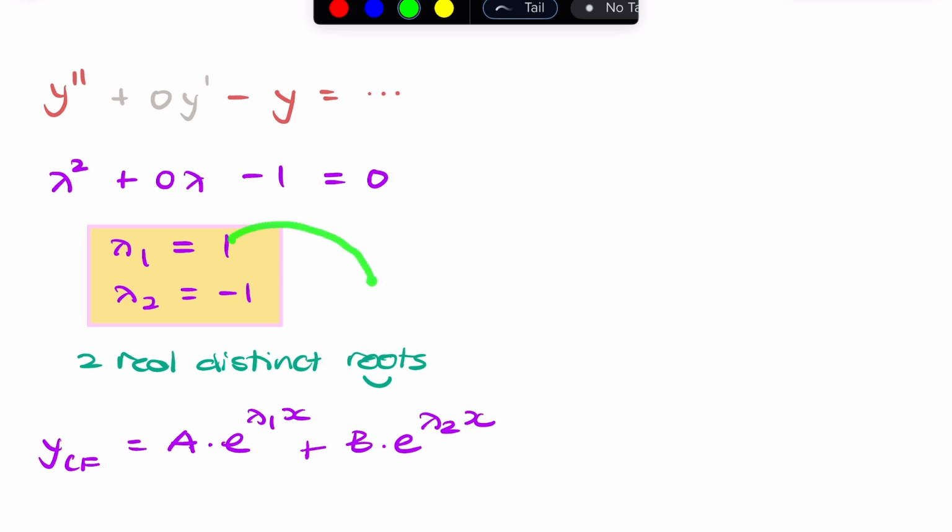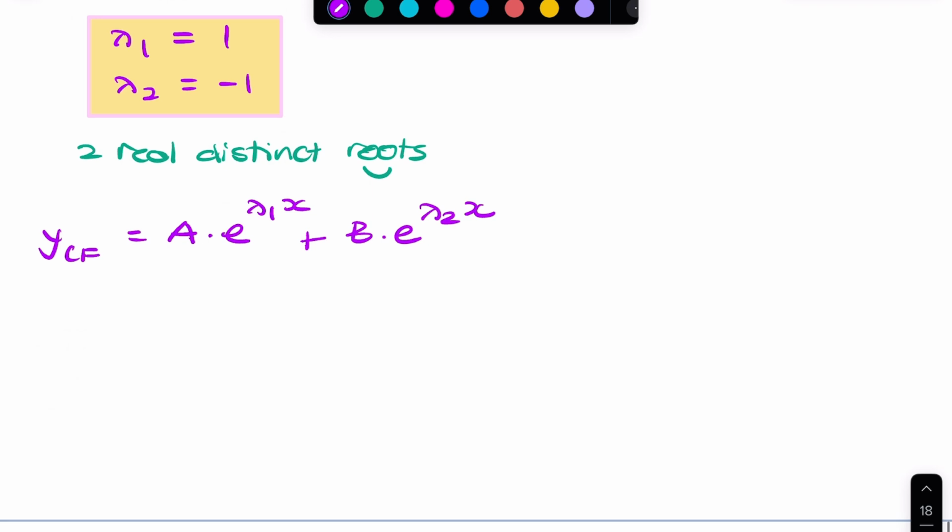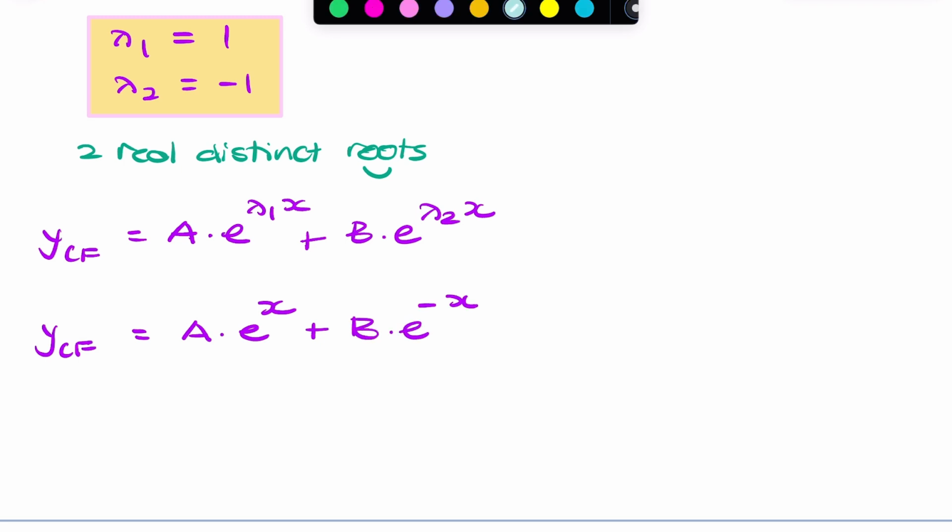So I'm just going to substitute lambda 1 and lambda 2 in there and write an expression for YCF. So YCF is A, which is unknown, times e to the 1 times x, plus B, unknown, times e to the negative 1 times x. So that's my complementary function there, YCF.